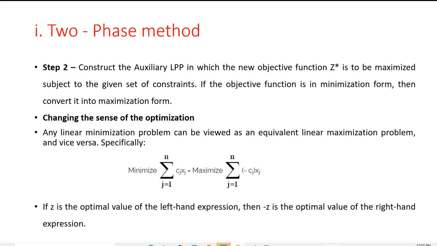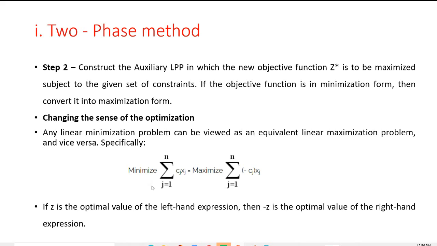Here Cj is the cost and x is our decision variable. When converting the objective function from minimize to maximize, we use a negative sign. If z is the optimal value of the left hand expression, then minus z is the optimal value of the right hand expression.